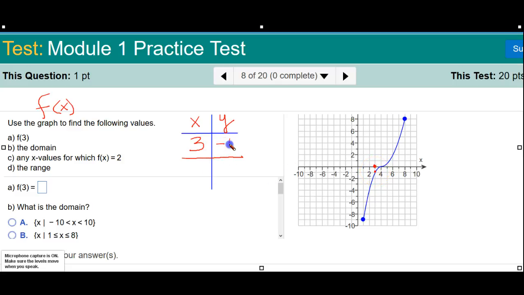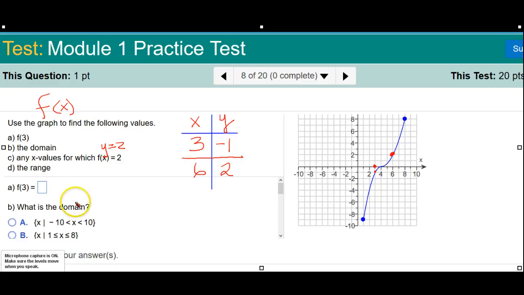And that's a -1. Now a little later they're going to ask us for letter C here, if, remember, this could be written as y equals 2, so we put a 2 there. So y equals 2 where? Y equals 2 right there. And what do we have for our x value? At this point, we have a 6.